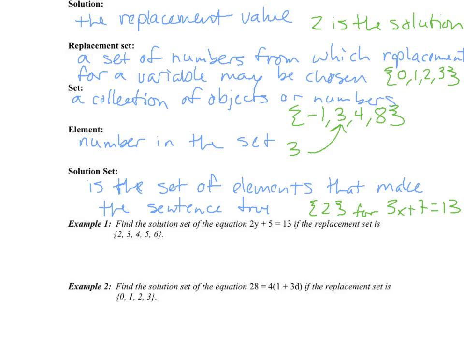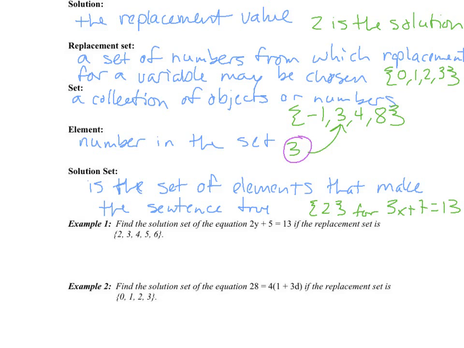A set is a collection of objects or numbers. The numbers in a set are usually around braces, and are just a group of numbers that you're looking at. Like here I have -1, 3, 4, and 8. An element is a number in the set. So here 3 would be a number in the set.